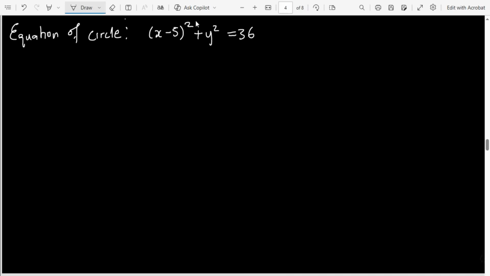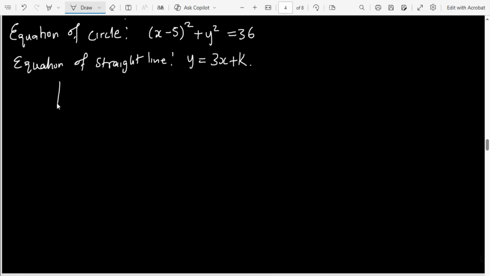And the equation of a straight line. It is not given that this is a tangent, they just say straight line. It equals y equals 3x plus k.